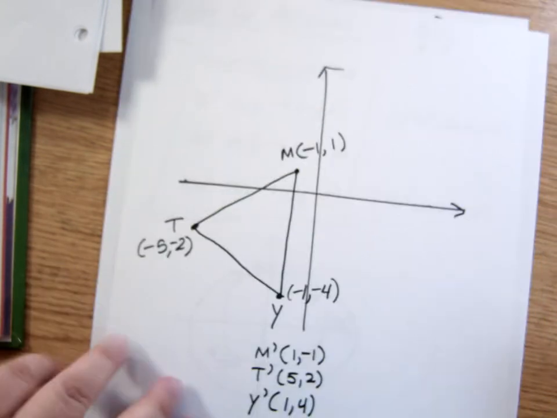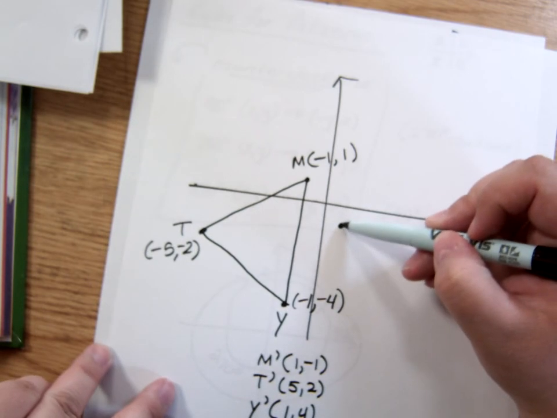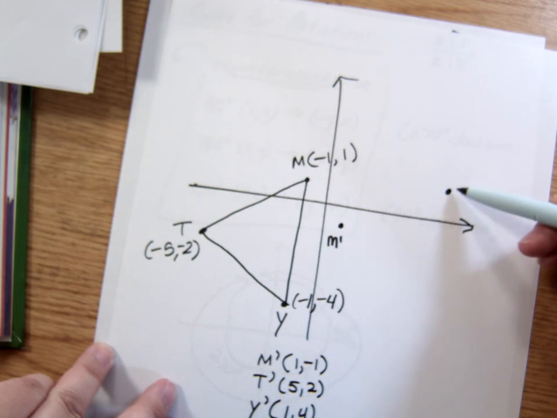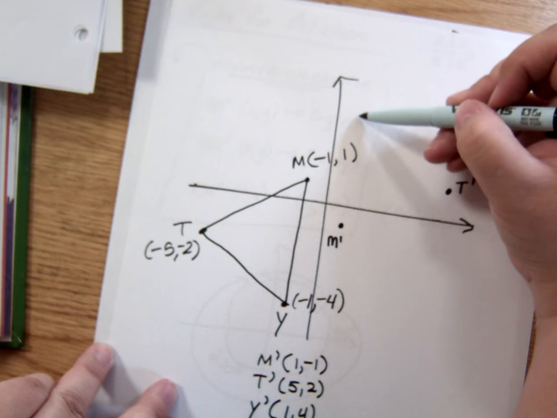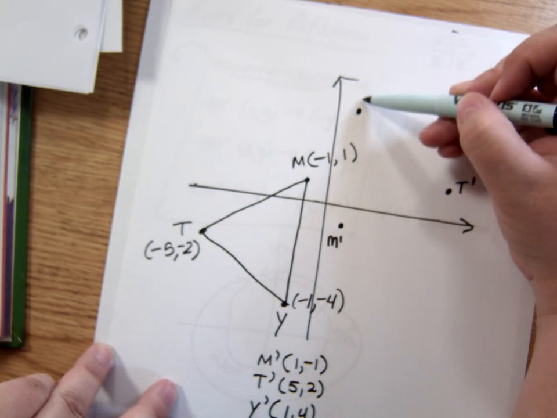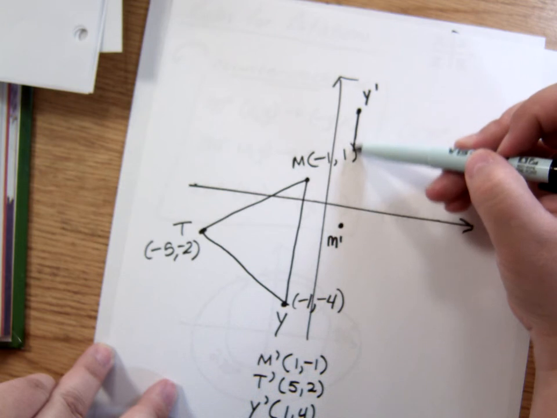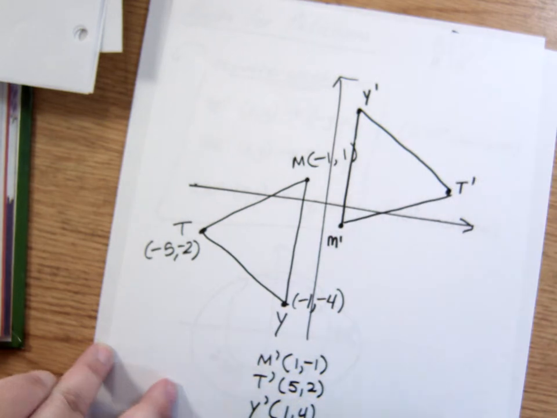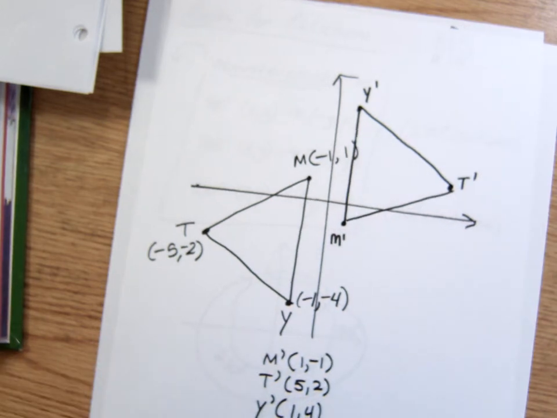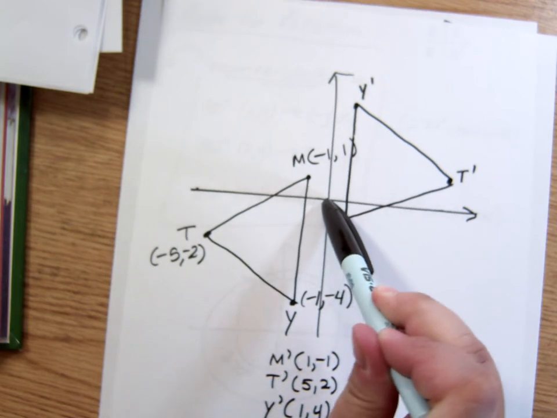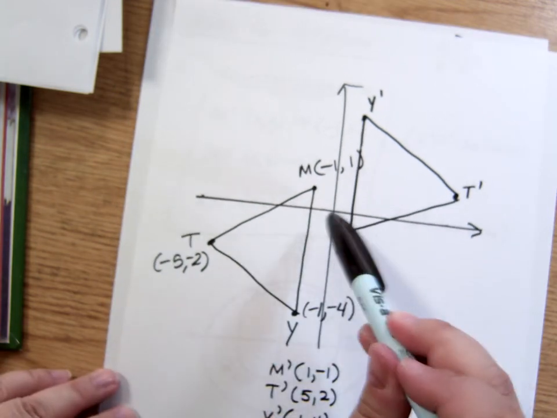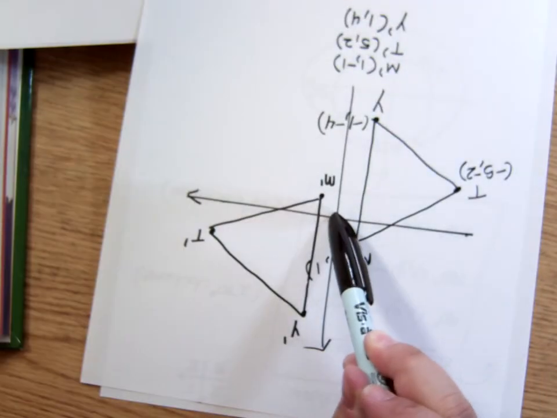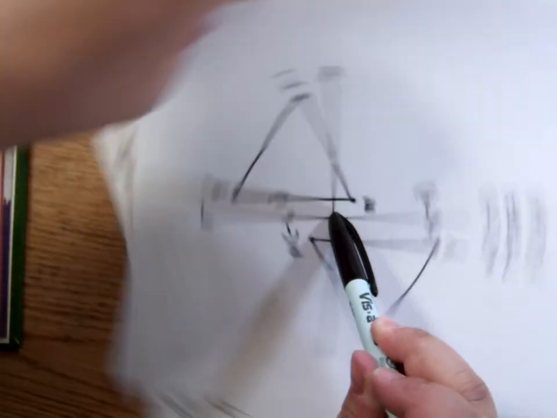So let me graph that. 1, -1 for M prime. 5, 2 for T prime. And 1, 4 for Y prime. Keeping in mind that I'm freehanding this, you should still be able to see that it's like I rotated this one over here. I turned it 180 degrees, and now it's up here. It looks like the same thing.